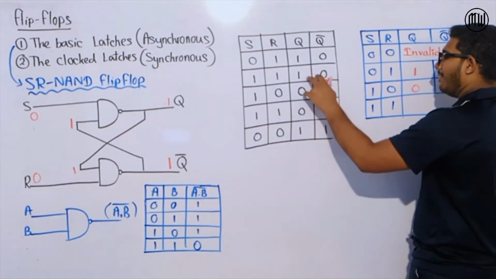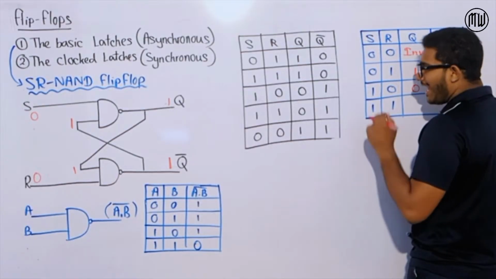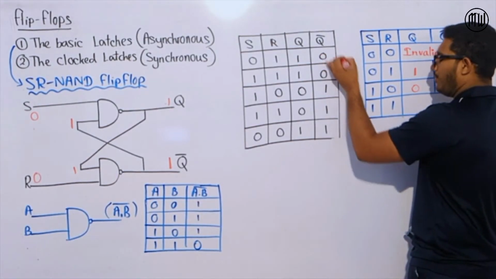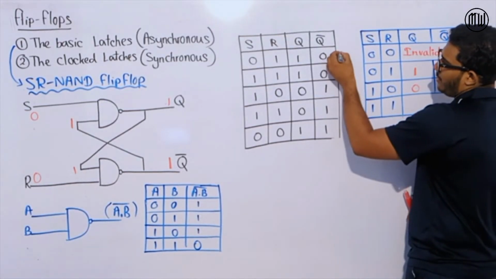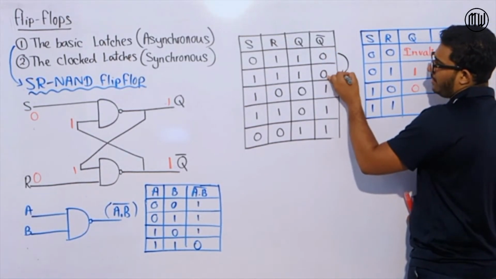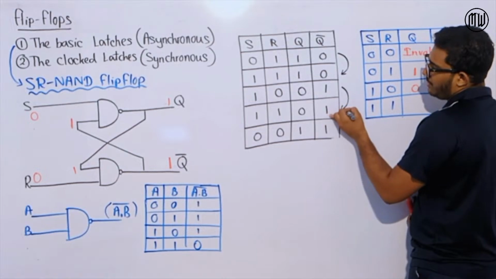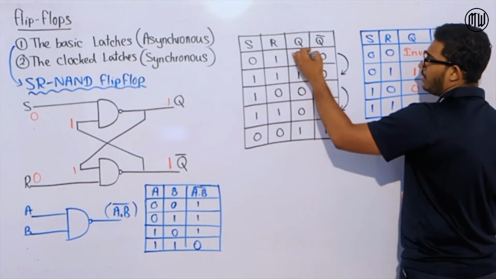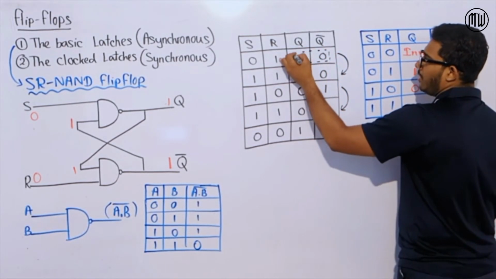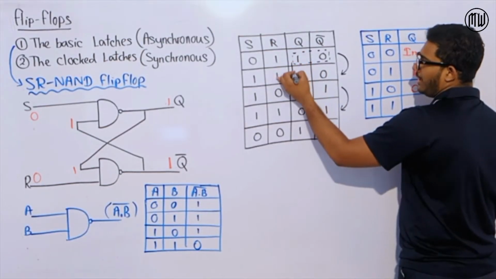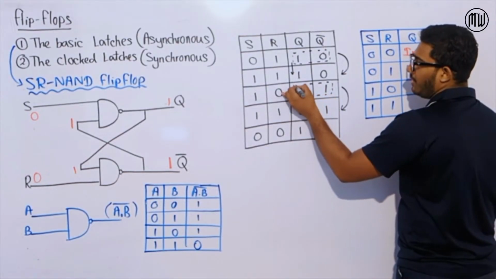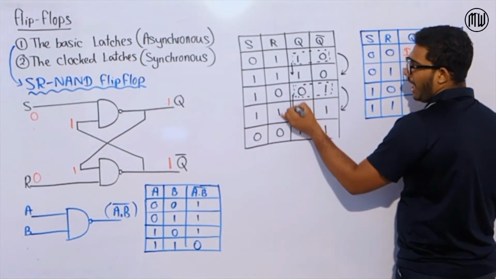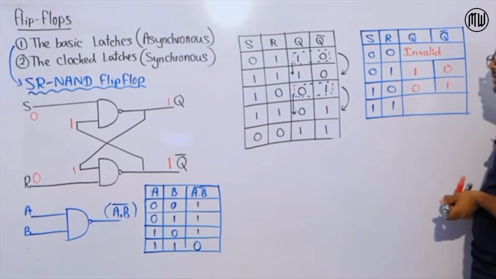And actually, those outputs are the same as the previous outputs. See, nothing really changed. These two went down to here, and these two remained the same and went down to here, right?